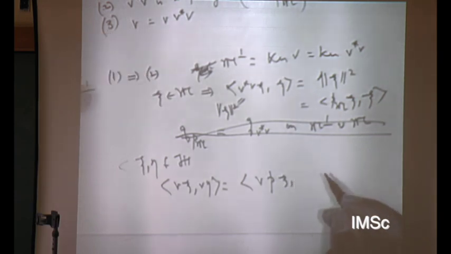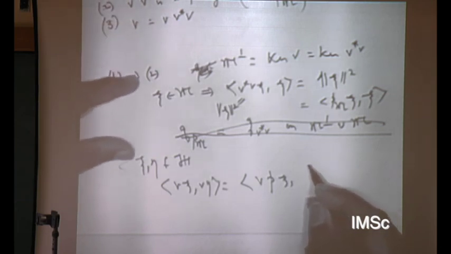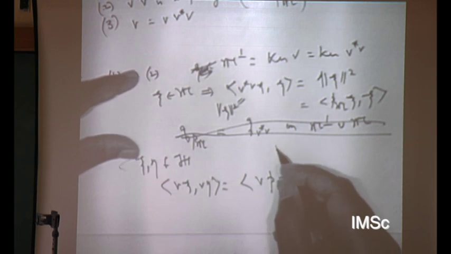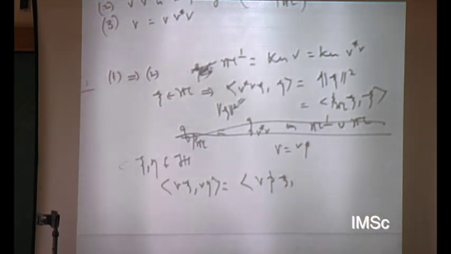So V equals VP, I'm writing that V equals VP, and P, V xi.